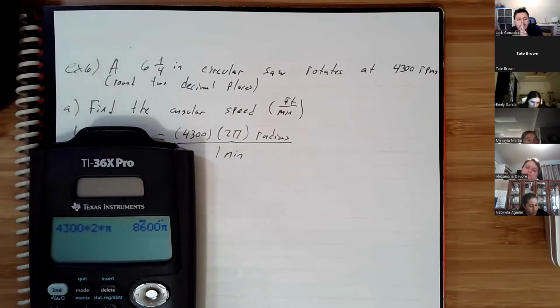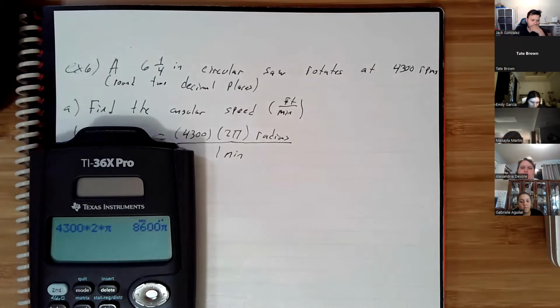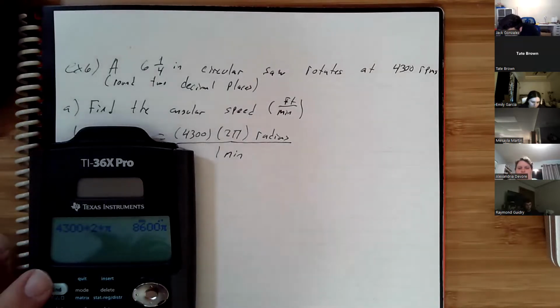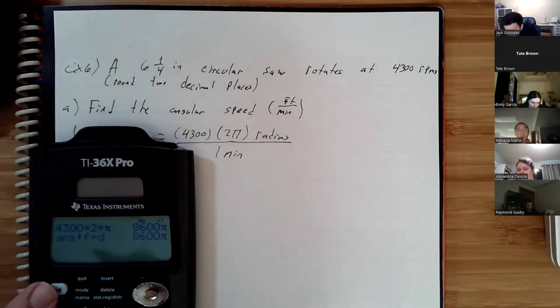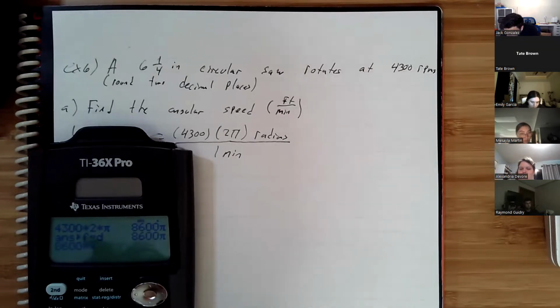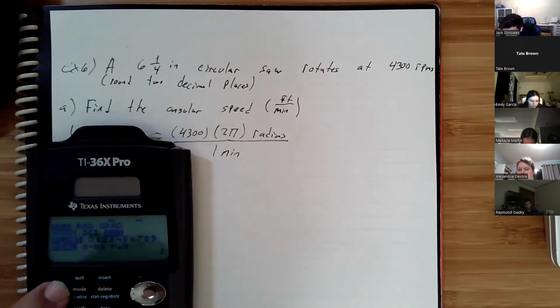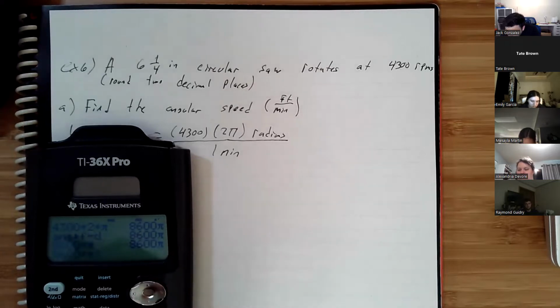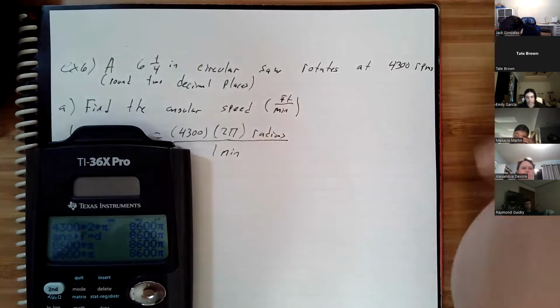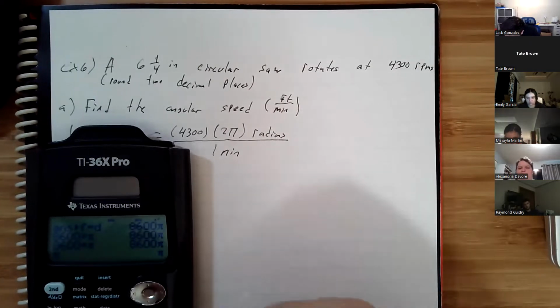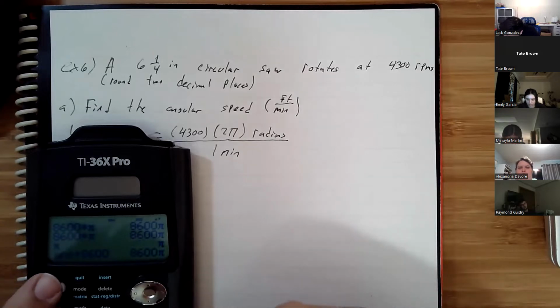Something's just bugging me. If we change that into decimal, 8,600 times pi. I do not want it in exact notation.